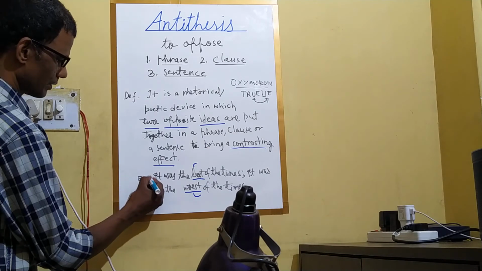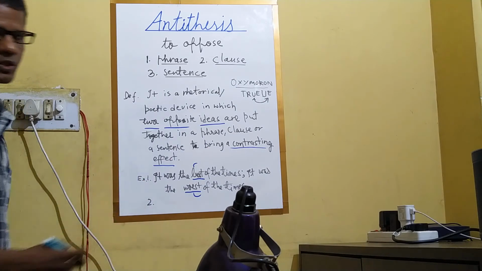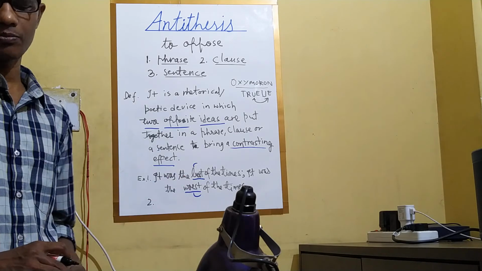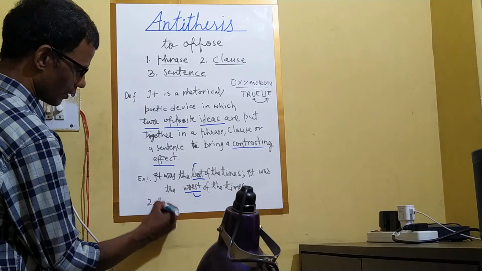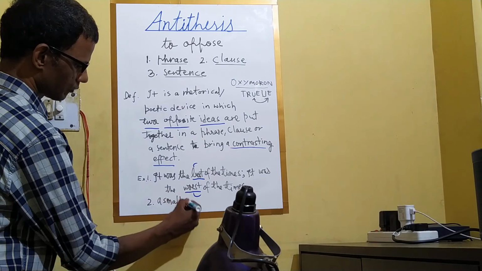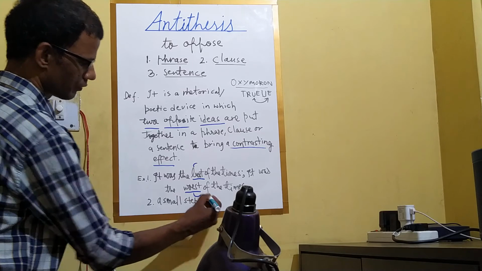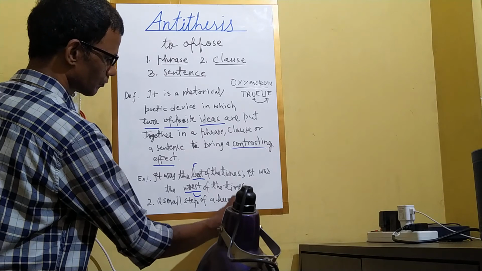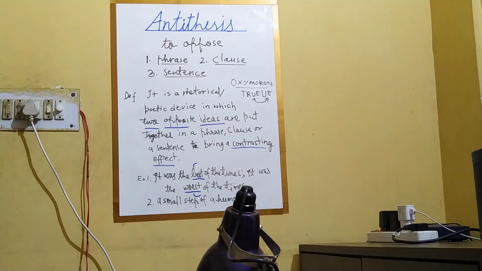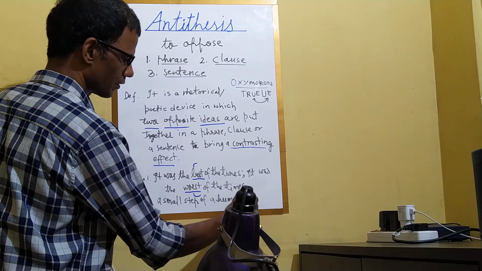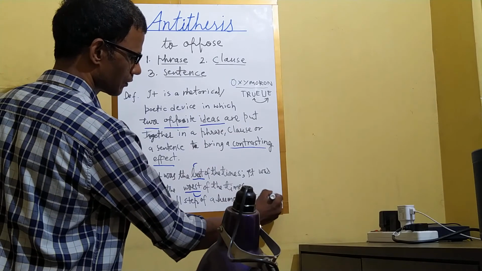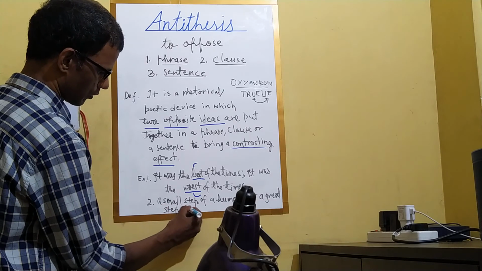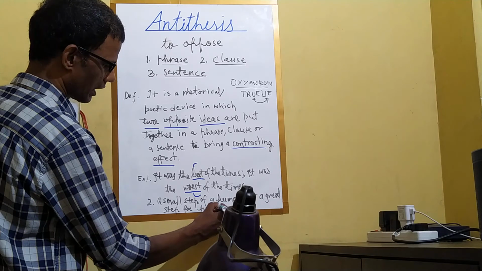Let's take one more example. This line which I'm going to write was spoken by a very famous personality when he stepped on the moon. He said, "A small step for a human, but a great step for humankind."